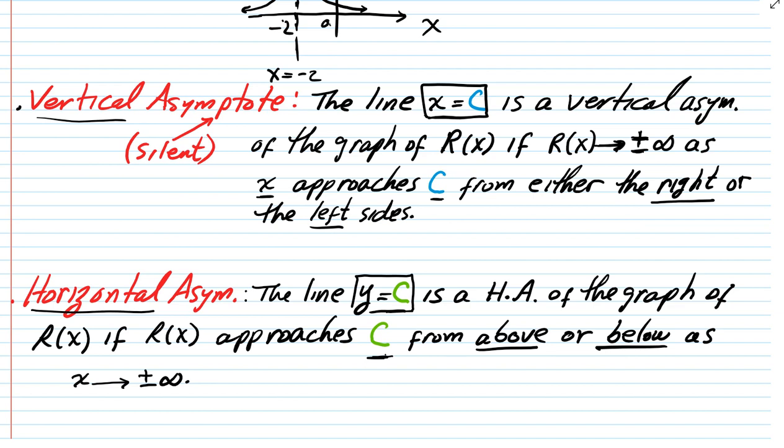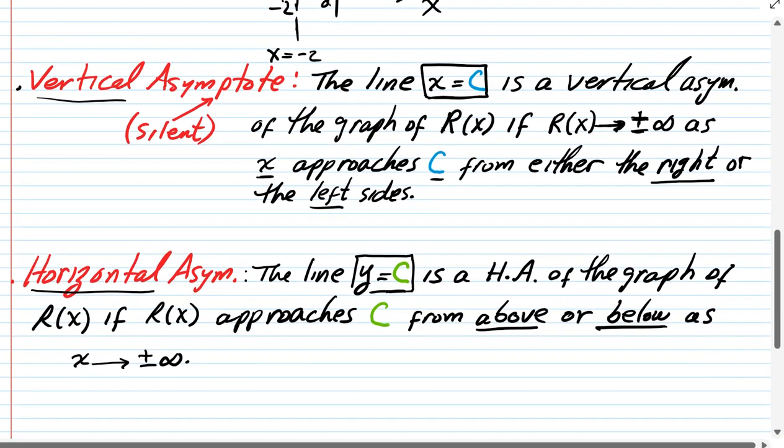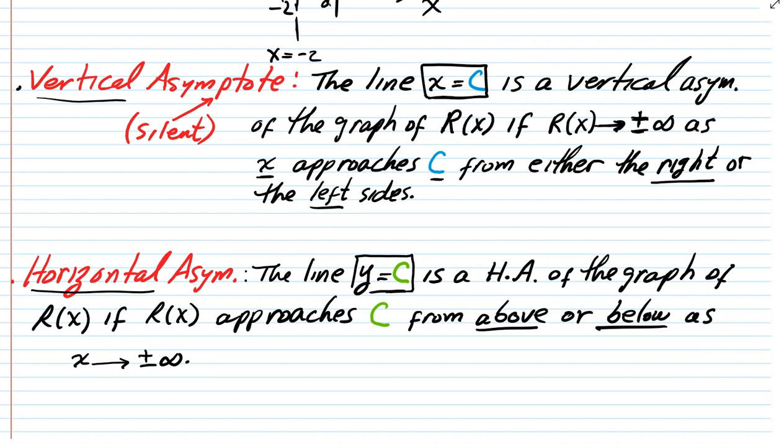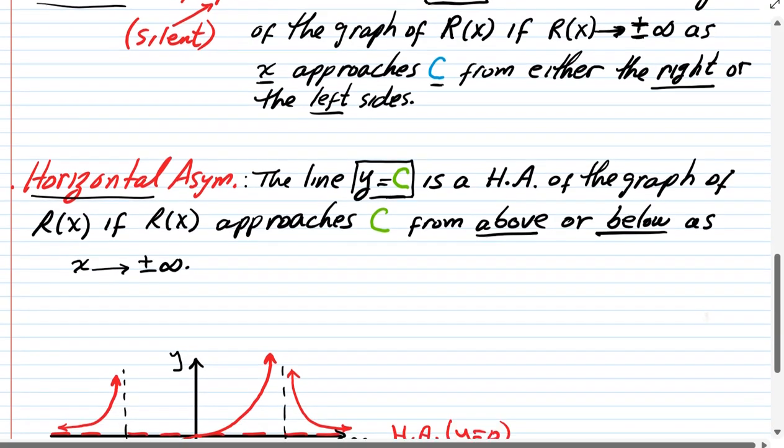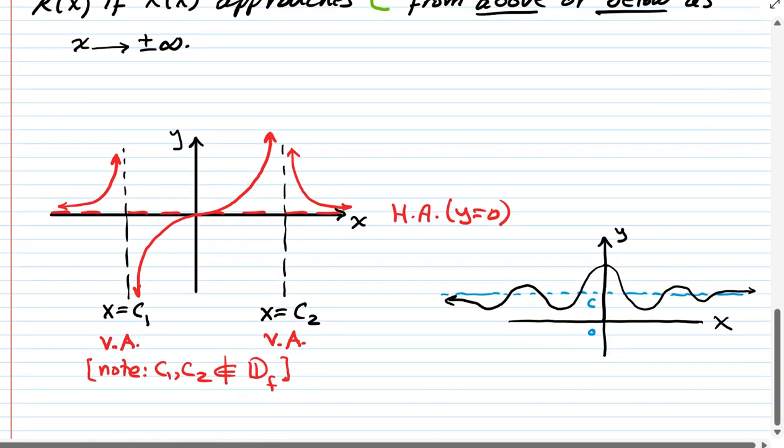We approach c, y equals c is a horizontal line, from above and below as x goes to infinity. Previously, the function goes to infinity. So there are marked differences between the two. All right. That means as x gets very large or very small, then the graph has to approach this line y equals c. So here I have now a couple of examples.